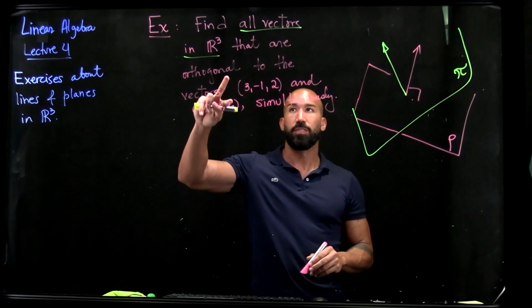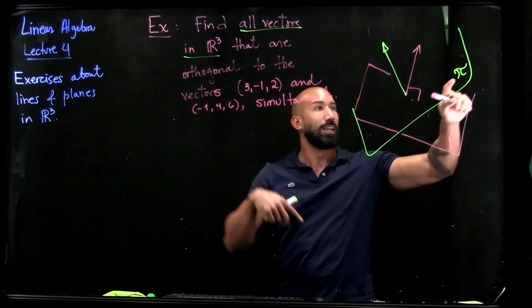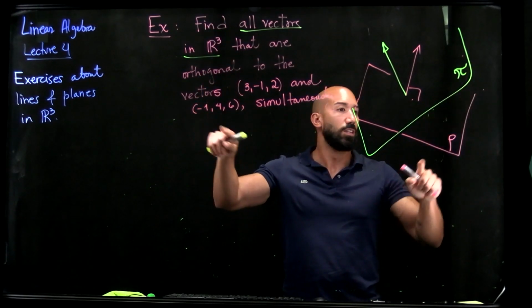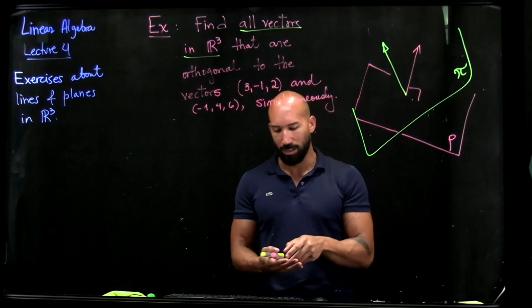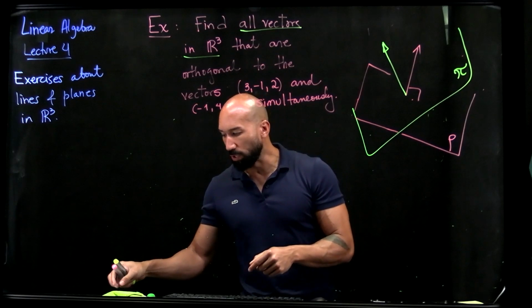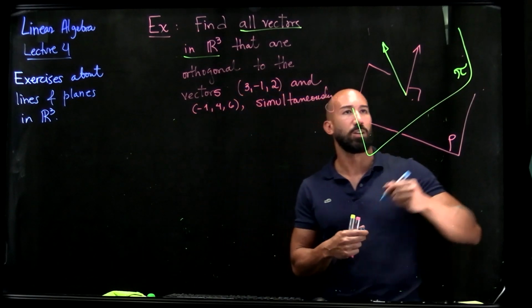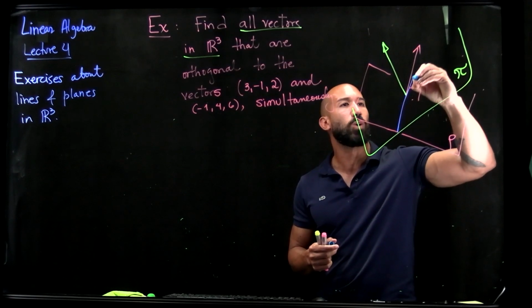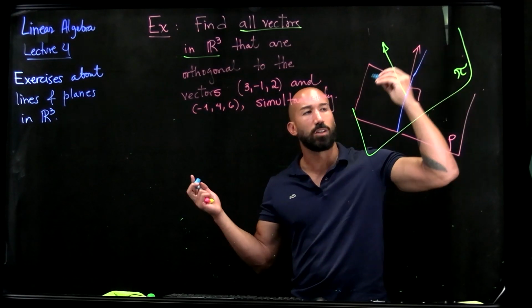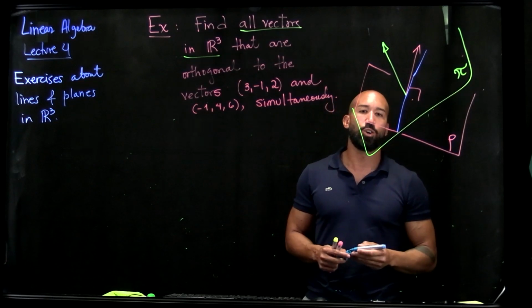But if the vectors that we are looking for lie on pi and also lie on rho, they lie on the intersection of these two planes. And what is going to be the intersection of these two planes? Well, the intersection of these two planes is going to be a line.